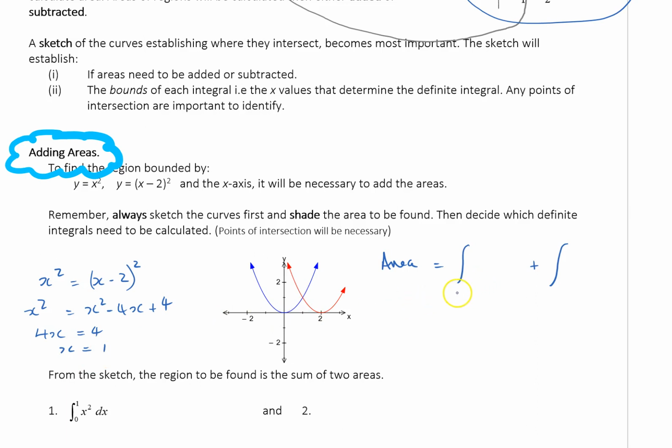So you can see that we want from 0 to 1 under the x squared curve with respect to the x-axis, and then we want from 1 to 2 under x minus 2 all squared with respect to the x-axis, so it's dx again.